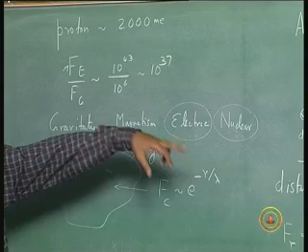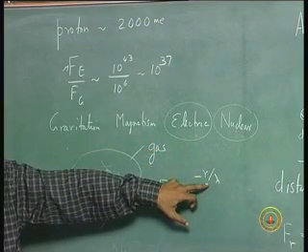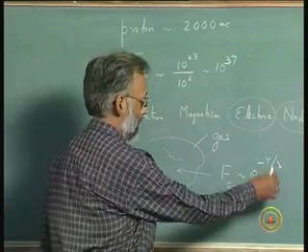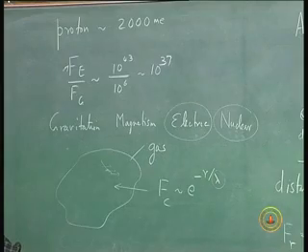It does not go as inverse square law at all, it goes exponentially small. This value of lambda depends on the material, it can be very large, but usually it is very tiny.